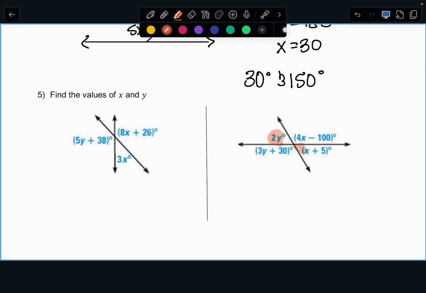I'm not going to do that because then I'm going to be dealing with y's and x's. Don't make it harder on yourself unless you have to, and you never have to. So don't mix them. Instead of doing vertical angles, I'm going to look somewhere else. Here's a y. This yellow angle has a y in it. What do I know about this orange angle and this yellow angle? What are they?